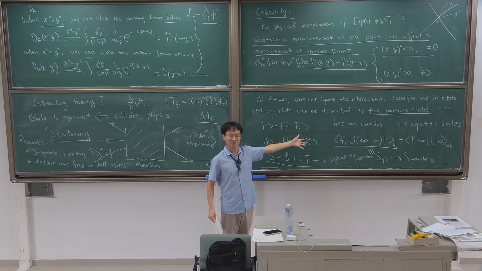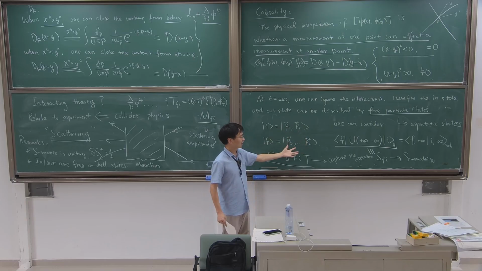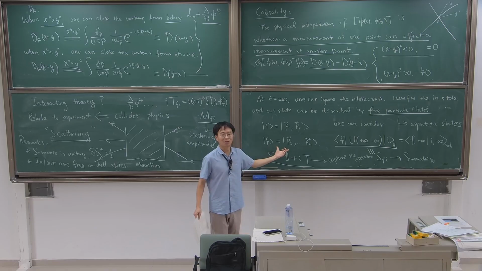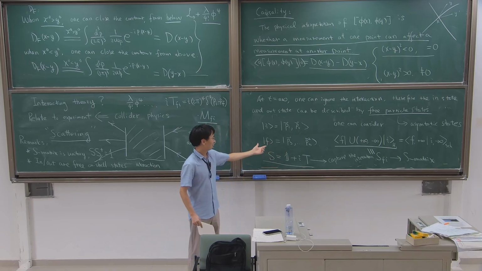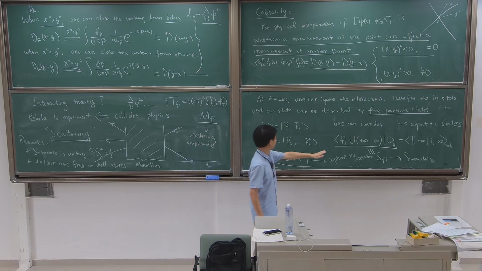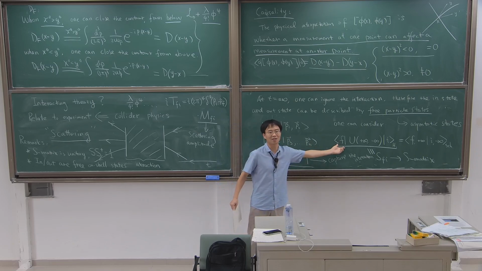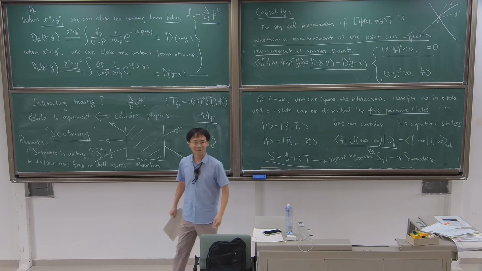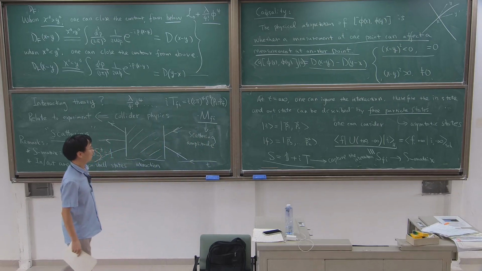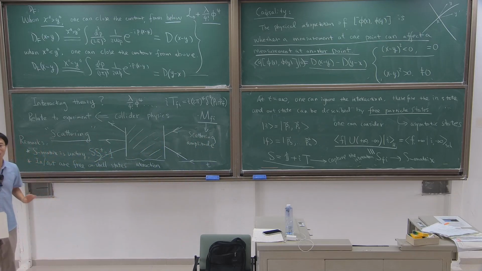That's what you get. And for the final state, it's the same thing: it is just the conjugate. You first create the F state and then conjugate to get the final state. Now, the only thing we don't know yet is the details of this evolution operator, or this S matrix.